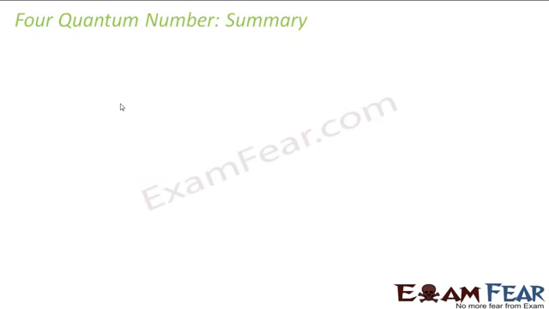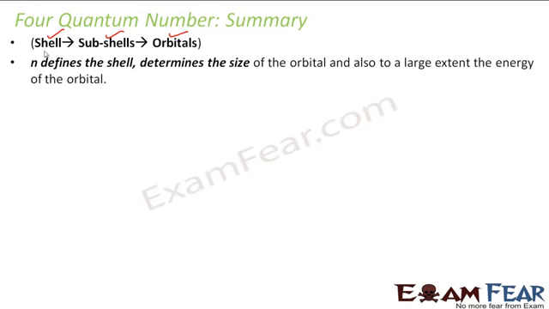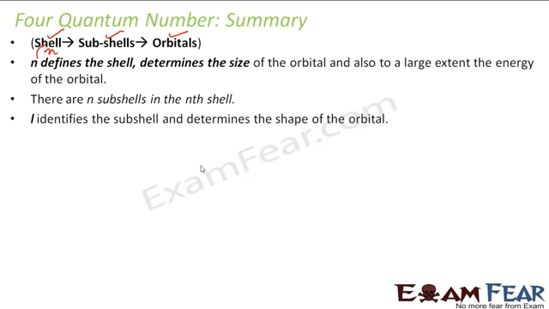So let's take a summary of the four quantum numbers which we have just studied. You have something called shells, subshells and orbitals. And this n defines the shells, also it determines the size, and to a large extent the energy. And there are n subshells in the nth shell, this I have done.